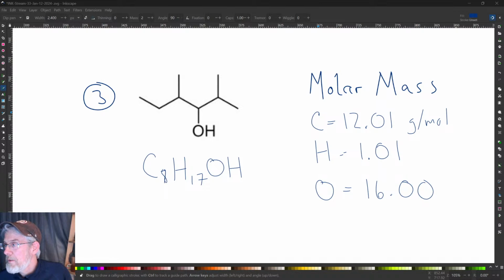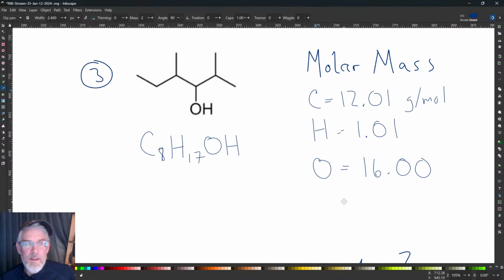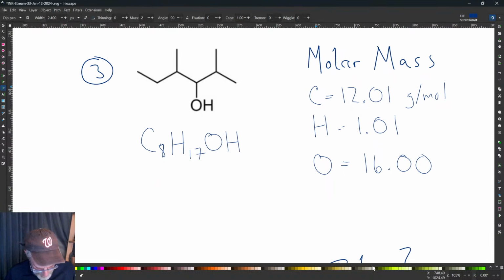All right, let's do that molar mass there. So when you do the molar mass, it's pretty much multiplication and addition. The thing you really got to remember, though, and students always forget this, the units are grams per mole. And so when you're doing calculations, you really need to have that.